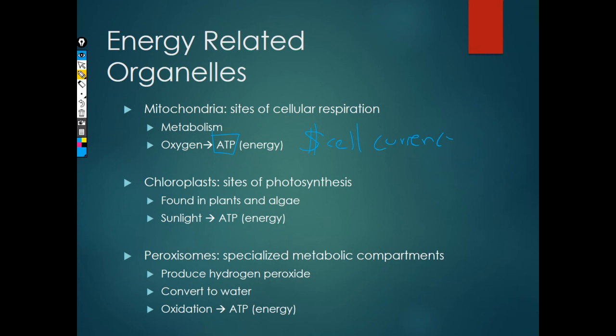There's pretty much only two forms of currency that a cell can use to make things happen. The fuel that we use, for example, to make those transport vesicles move around, like your cars use gas. Transport vesicles also need something to move around. ATP is it. It makes most things in fact happen in cells. So being able to make it is a big deal.